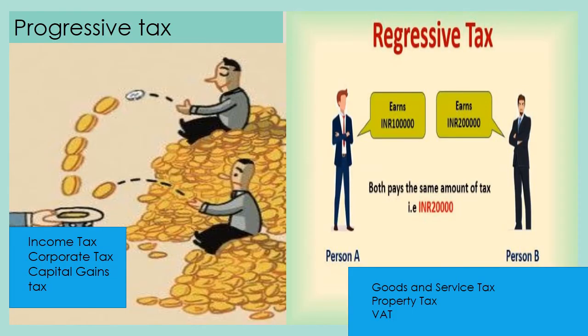Let us go on to study the progressive tax and the regressive tax. We have here the first illustration of a man sitting on a big pile of money. He belongs to a higher level of income group. And you see a man here sitting on a smaller pile of money, signifying lower levels of income.